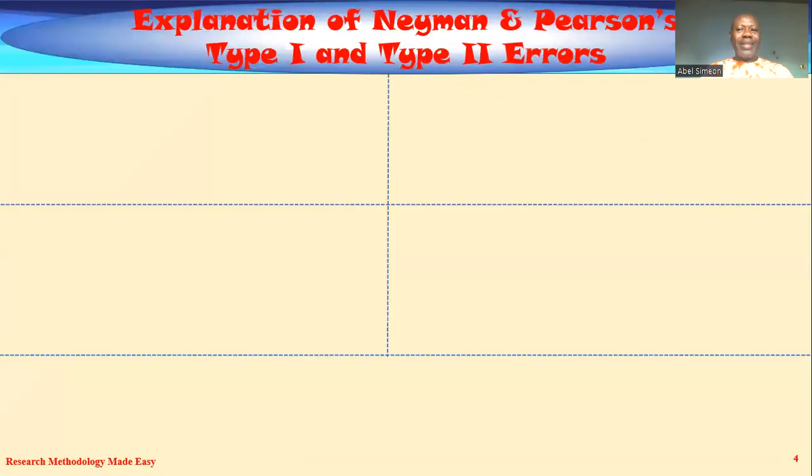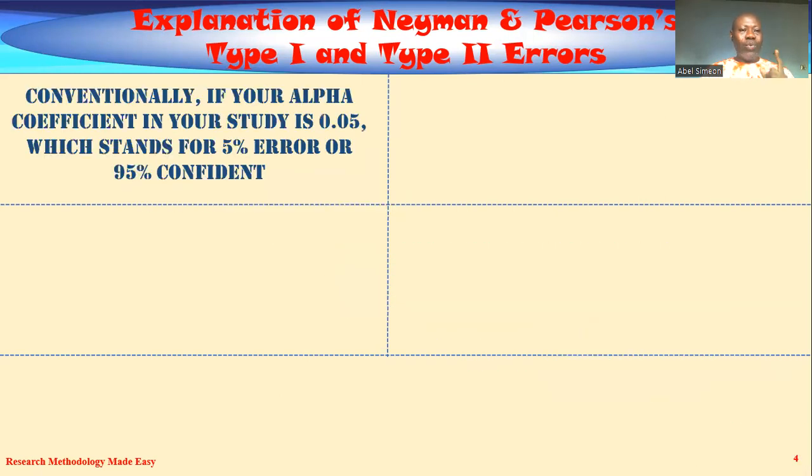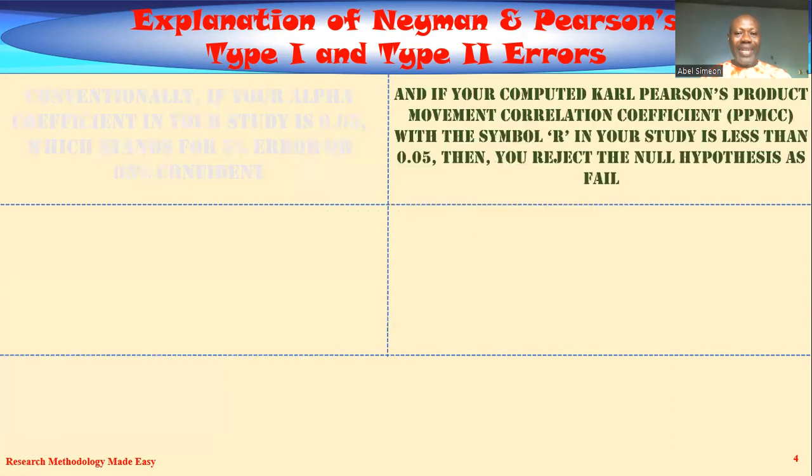Now, what Neyman and Pearson were talking about is the conventional viewpoint that if your alpha coefficient in your study is, say, 0.05, which stands for 5% error or 95% confidence, then in your computation using Karl Pearson's product moment correlation coefficient, the PPMCC, with either SPSS or any other software, the p-value simply means the probability value.